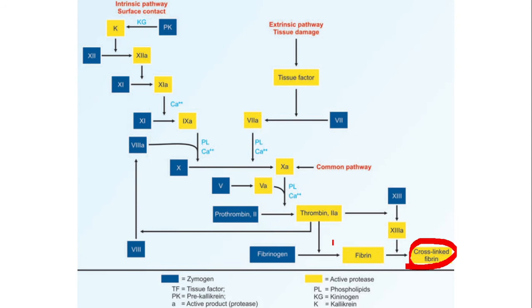In this diagram, whichever factor you see in the yellow color are the active forms. For example, in the extrinsic pathway, tissue damage releases tissue factor, which is active. This tissue factor is activating factor 7 into 7A. 7 is inactive, 7A is active, like that. So the inactive molecule is activated into an active molecule.